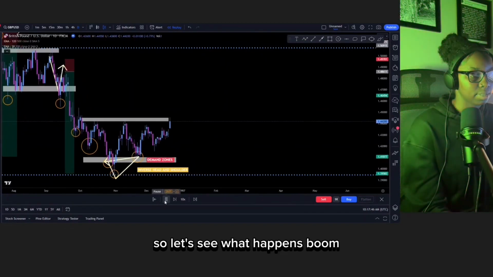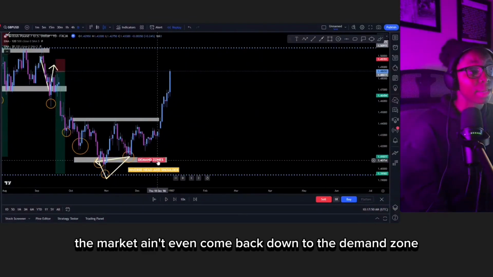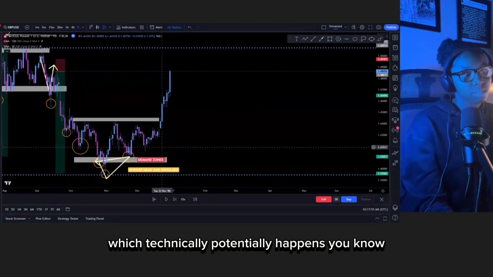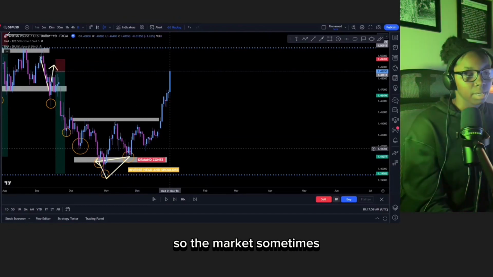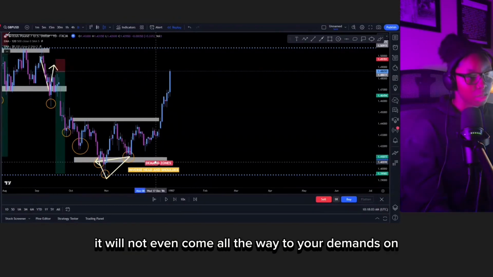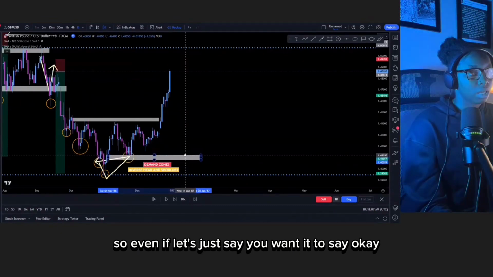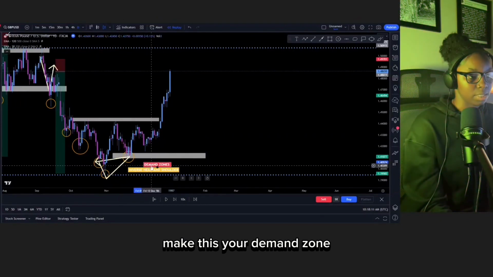So let's see what happens. Boom. And you see, the market didn't even come back down to the demand zone, which technically potentially happens. Sometimes the market will not even come all the way to your demand zone. So even if, let's just say, you wanted to say, okay, this is my demand zone, make this your demand zone.